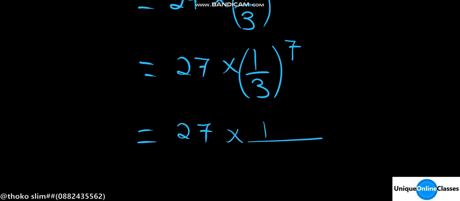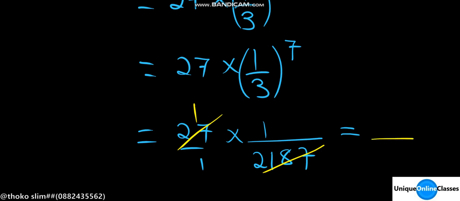The answer is 2187. To find the answer it is just a matter of dividing: 2187 divided by 27, the answer is 81. So the denominator is 81 and the numerator is 1.